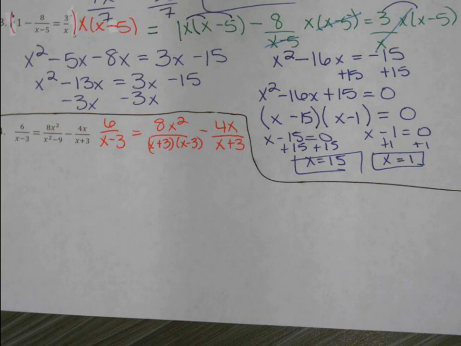So what do I want to multiply by to get rid of everything? Not just x minus 3, because I also have x plus 3s.